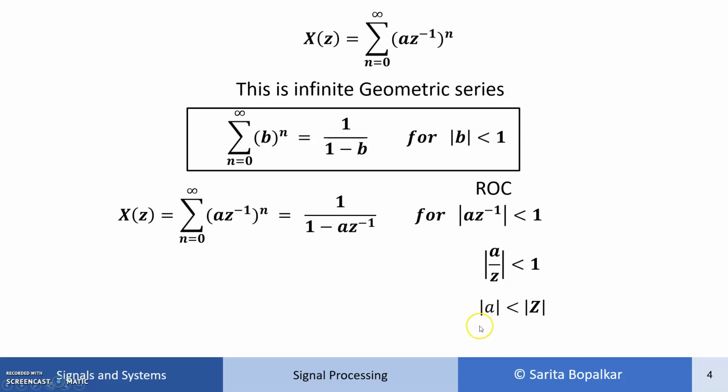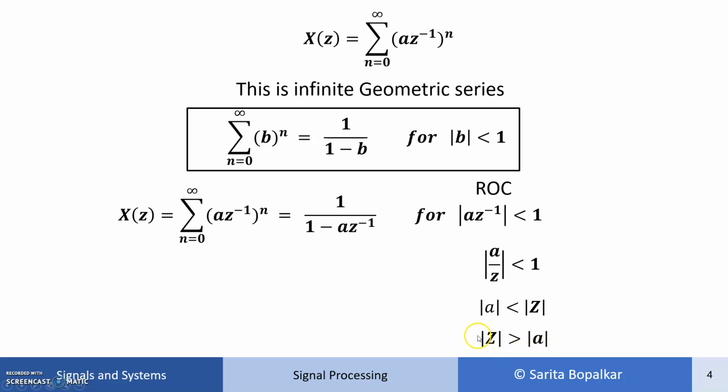That is, mod z is greater than mod a. This restriction is what we call the ROC, region of convergence. It means this infinite geometric series is 1 upon 1 minus a z raised to minus 1 only if mod of a z raised to minus 1 is less than 1, which is nothing but mod z greater than mod a.